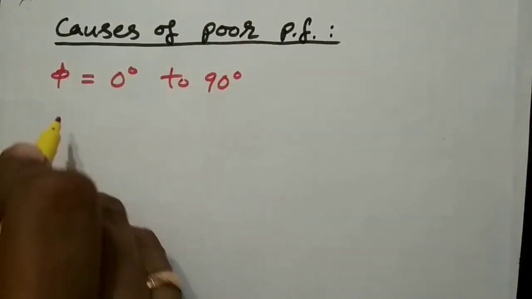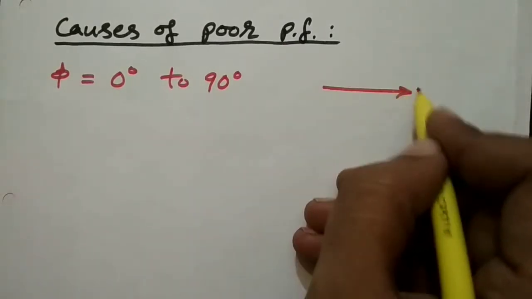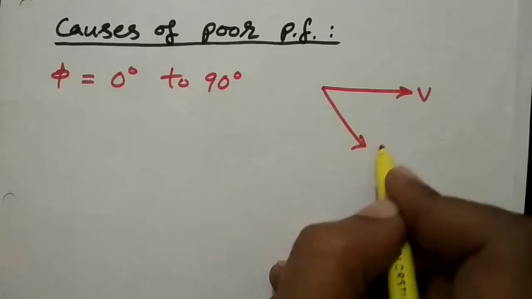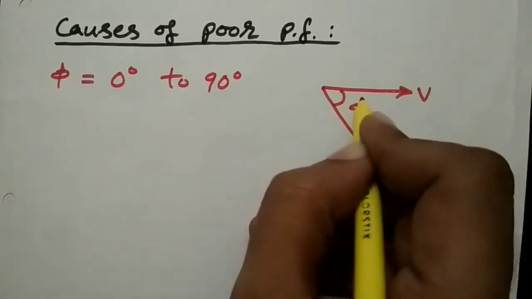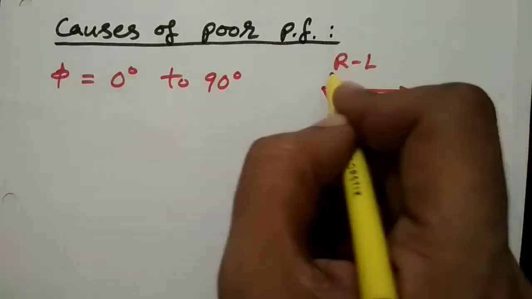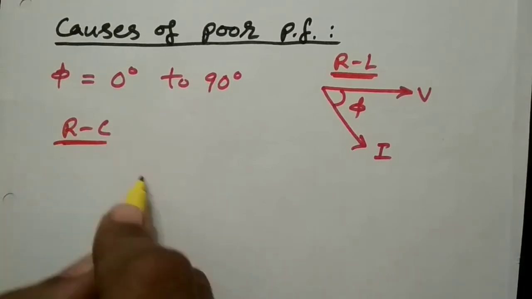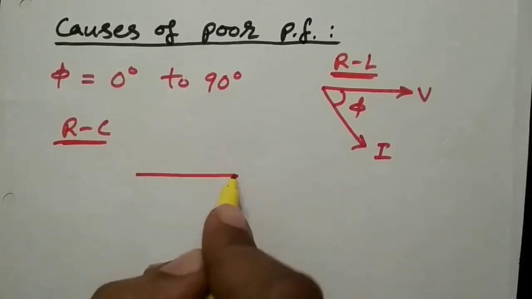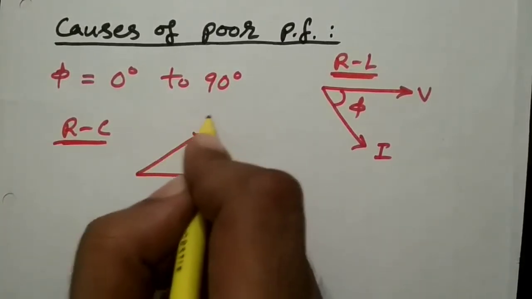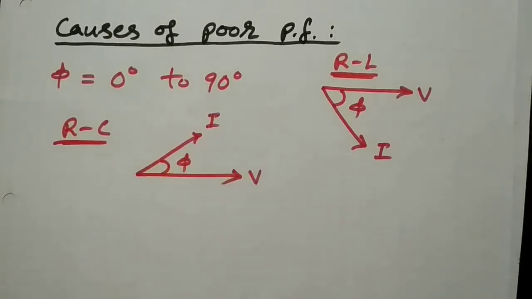In case of an inductive circuit, the current always lags the voltage. This is for a resistive inductive circuit. Similarly, for a resistive capacitive circuit, the current leads the voltage. But in either case, the angle between voltage and current will be between 0 to 90 degree.